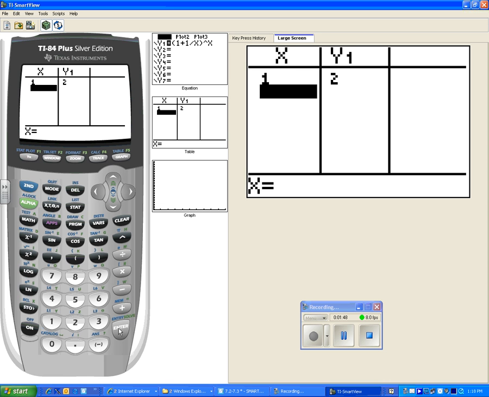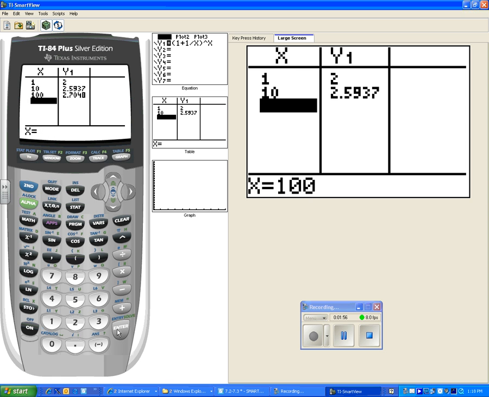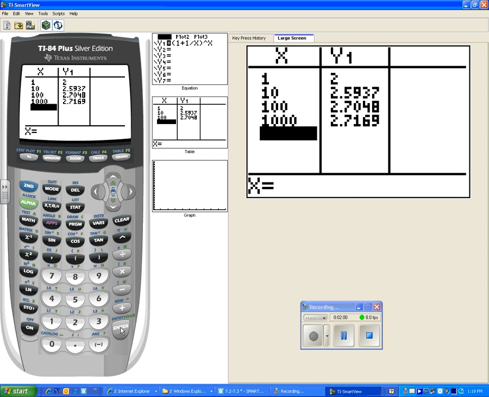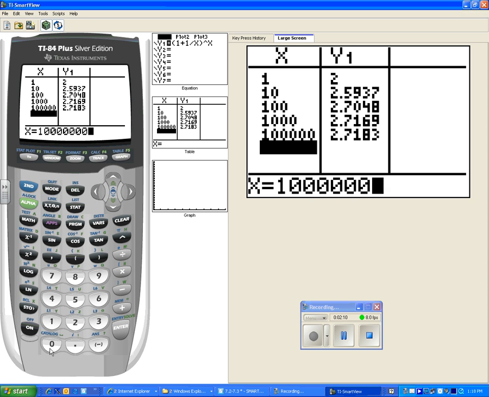We want n, this number n, or x in the calculator's case, to get really large. So I'm going to go with 10 and 100, and 1,000. If we keep going up with really large numbers, we're going to get really close to this value e.